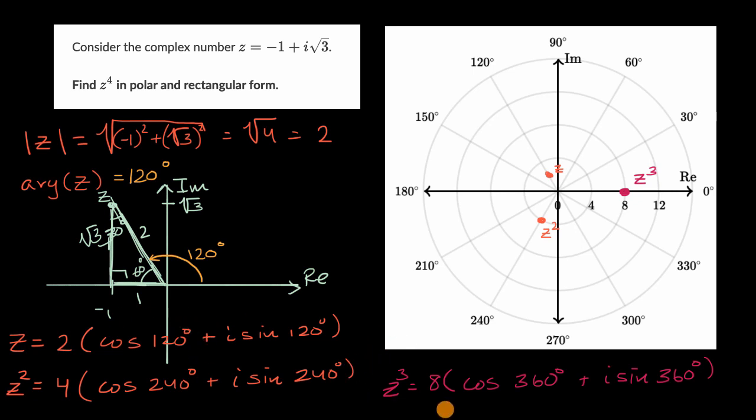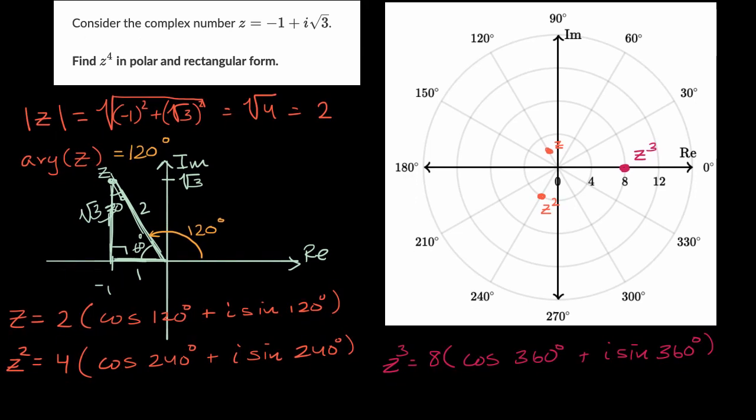What is z to the fourth power going to be? Let me move my screen down a little bit so I have a little more real estate. Z to the fourth, well, I'm just going to take this modulus here. Since I'm going to multiply z to the third times z, I'm going to multiply that modulus times 2 to get to 16. And then I'm going to add another 120 degrees. Well, I could write cosine of 480 degrees, or 360 degrees is the same thing as 0 degrees.